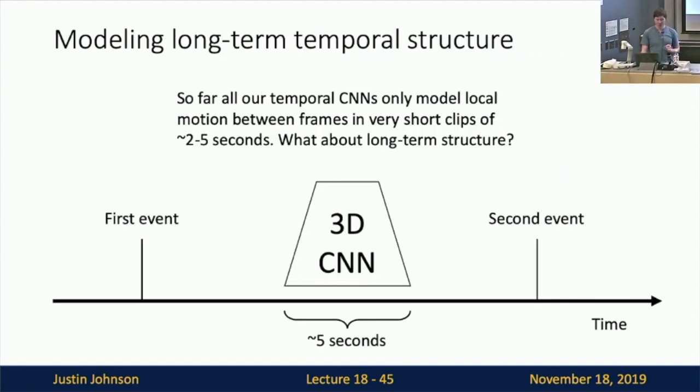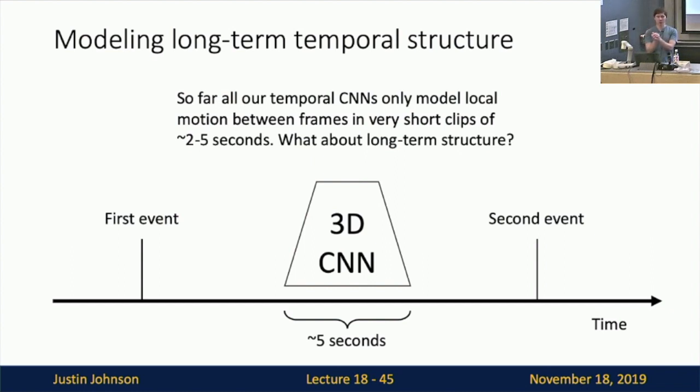Okay. So basically, at this point we've seen a bunch of different ways of modeling short-term structure using different types of CNN architectures. We've seen using 2D convolution or 3D convolution or optical flow as ways to compute information over the temporal dimension of our input videos. But all of these processing operations we've seen so far are very, very local in what they are able to do.